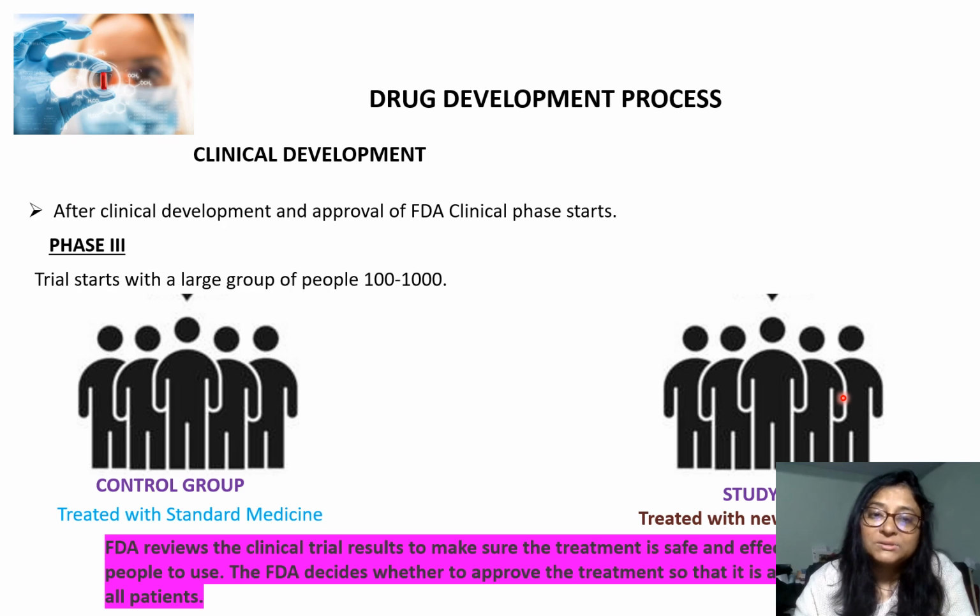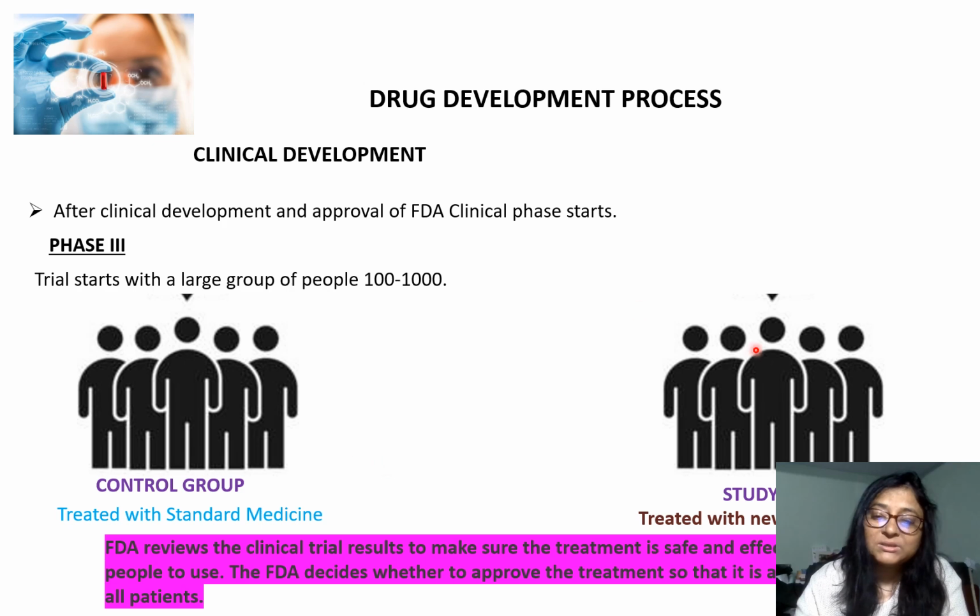Now what they will compare is, first, which treatment is more efficient, the standard or the new medicine, or if it is not more effective, whether it is similar. They also check if there is any side effect of the new drug on the study group, like any severe side effect, or any side effect that means it should not be used for diabetic people.